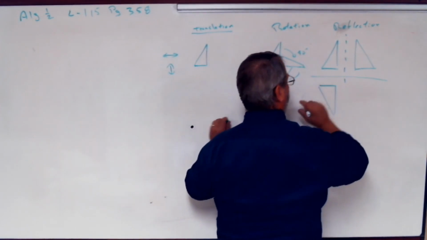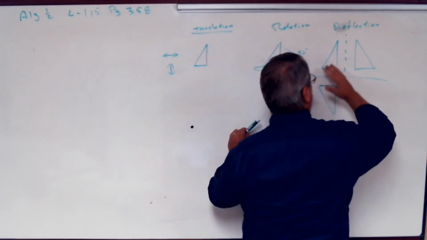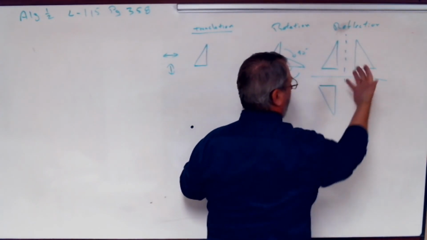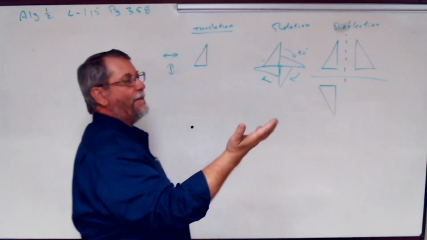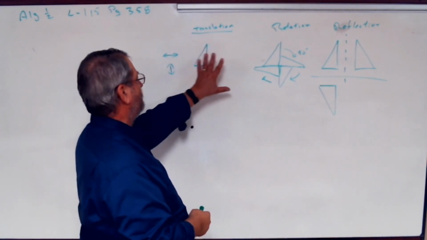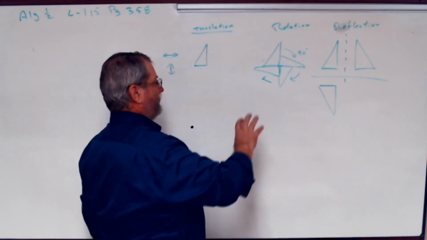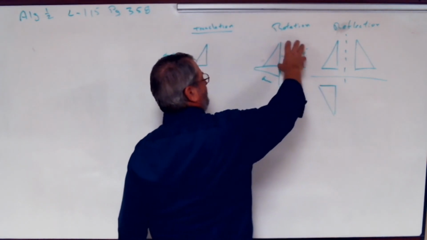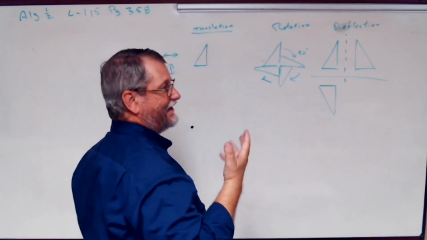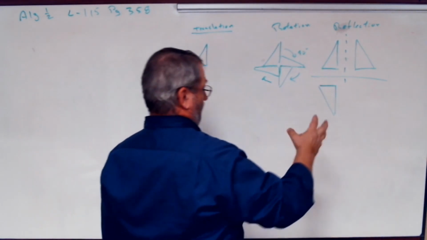We could reflect it up to here. Okay, we could reflect it down to here. We can reflect it. That is to flip it over a line. So translation is just moving it left, down, up, right. Rotation is spinning it clockwise, counterclockwise. I know you guys don't like that because digital clocks don't do that.